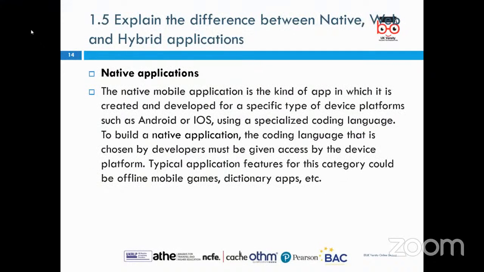Now, we're going to understand the difference between native, web, and hybrid applications. A native mobile application is an app that is created and developed for a specific type of device platform, such as Android or iOS, using a specialized coding language.